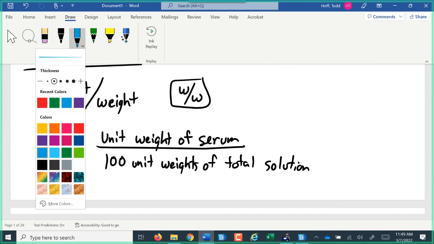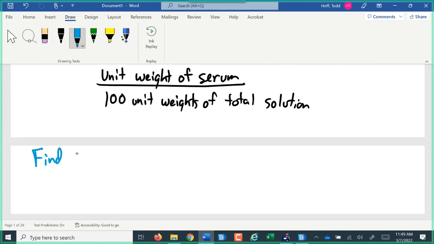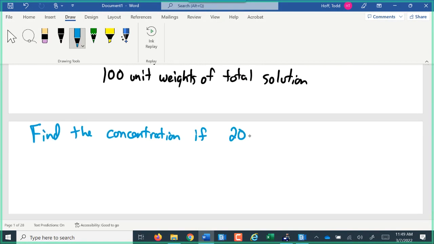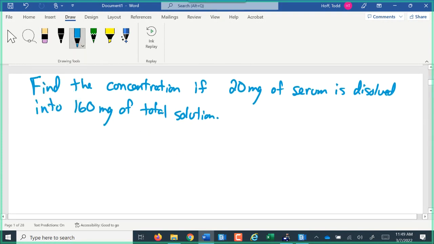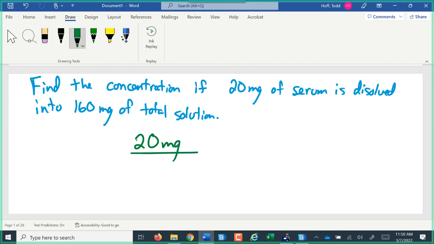So if I have, find the concentration if 20 milligrams of serum dissolved into 160 milligrams, we have 20 milligrams of our serum or solute out of 160 milligrams total solution.